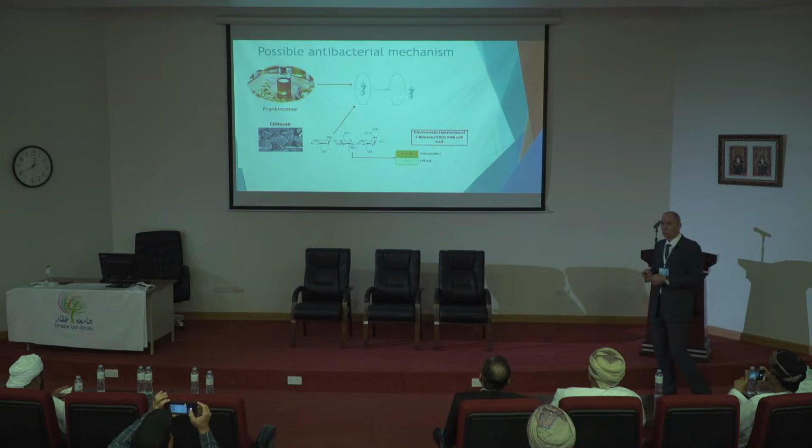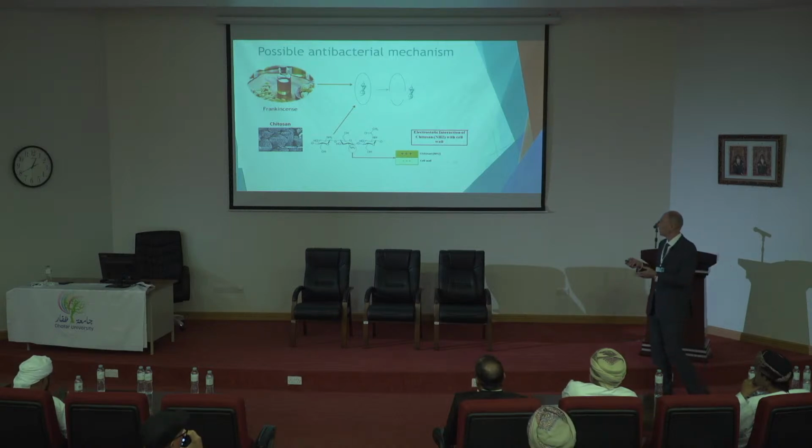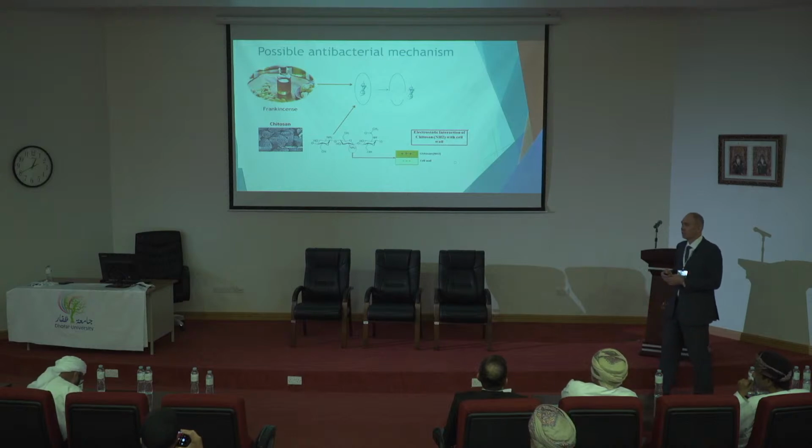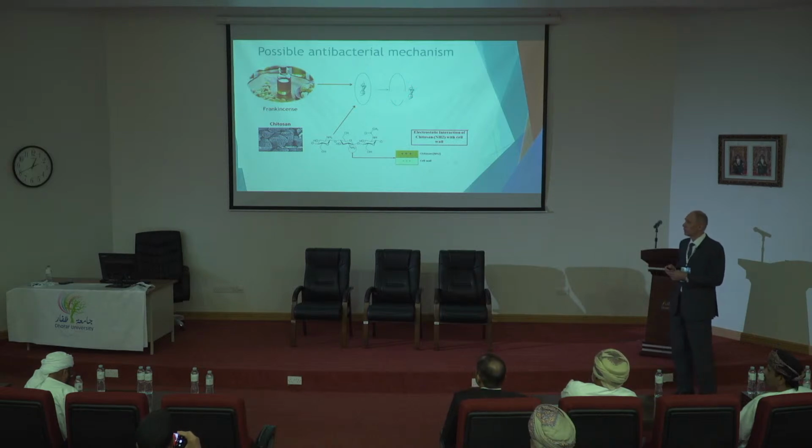So what are the possible antibacterial mechanisms for these coatings? We know that the amine groups of chitosan interact with the cell walls of bacteria, and that's why they lead to the destruction of bacteria and killing them. Probably components of frankincense, such as boswellic acids, as well as terpenes, mono- and diterpenes, also have antimicrobial activity, and probably they are affecting the cell membranes of the bacteria.